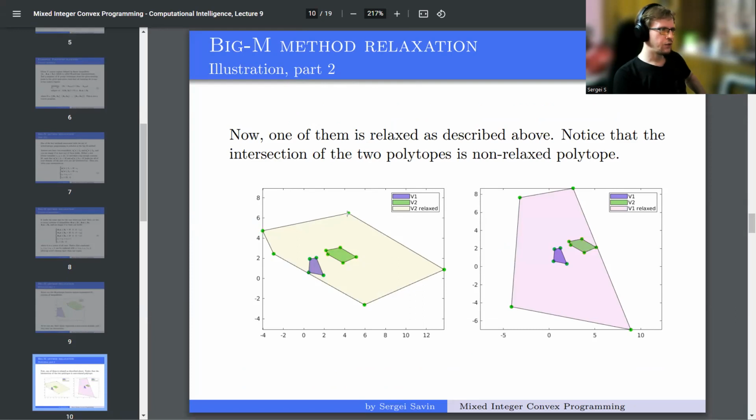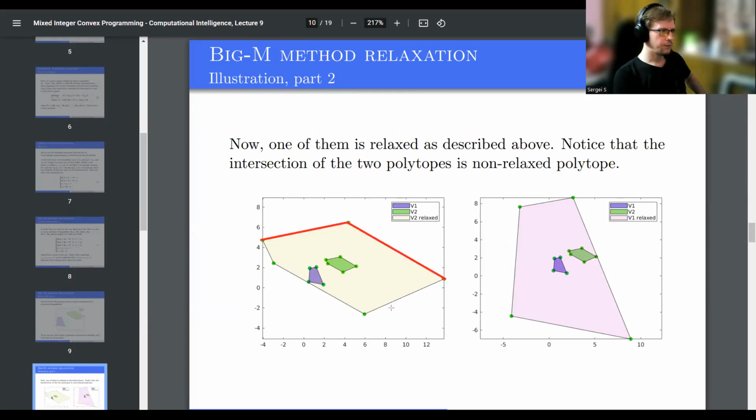This is the new boundary of the polytope V2. Original polytope V2, let me show you its boundary. So this is the original boundary. That is the expanded boundary.